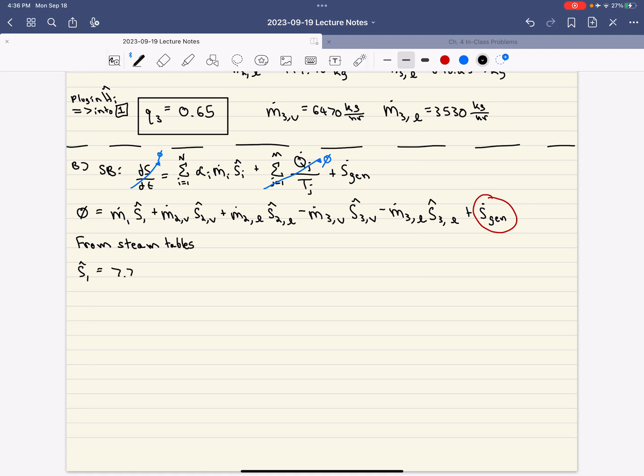So 7.7622. S2 for the vapor phase is this.